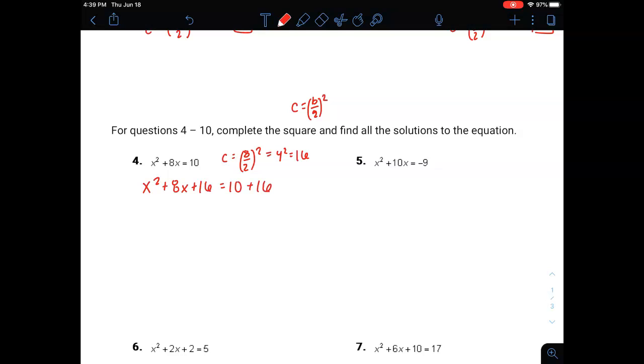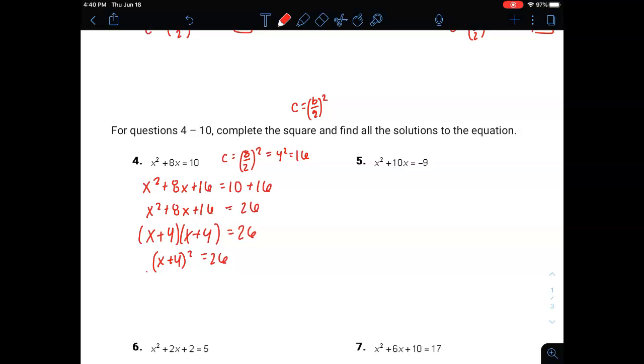Now I'm going to simplify. x squared plus 8x plus 16 equals 26. Now I'm going to factor. I know that this is going to be x plus 4 and x plus 4 equal to 26, or another way of saying that is x plus 4 squared equals 26.